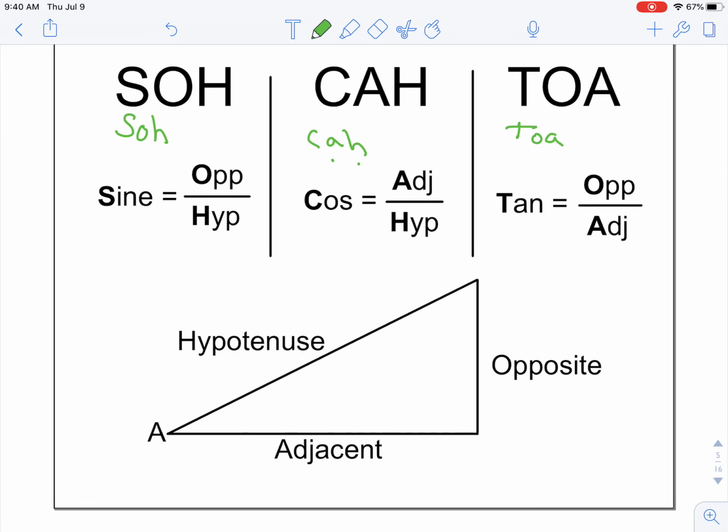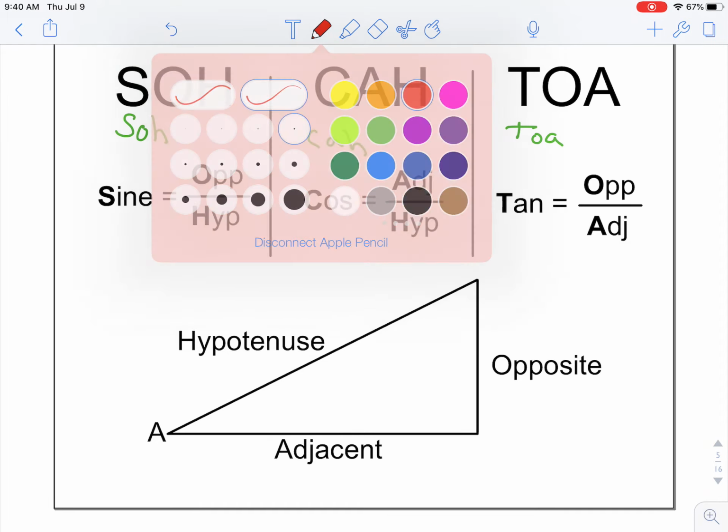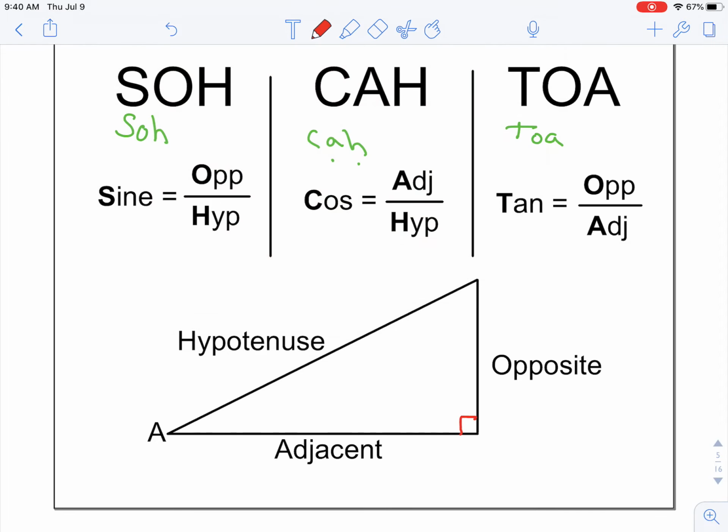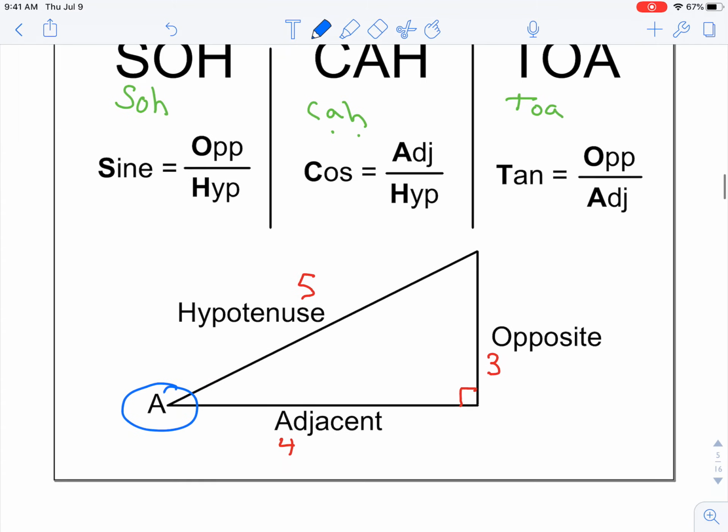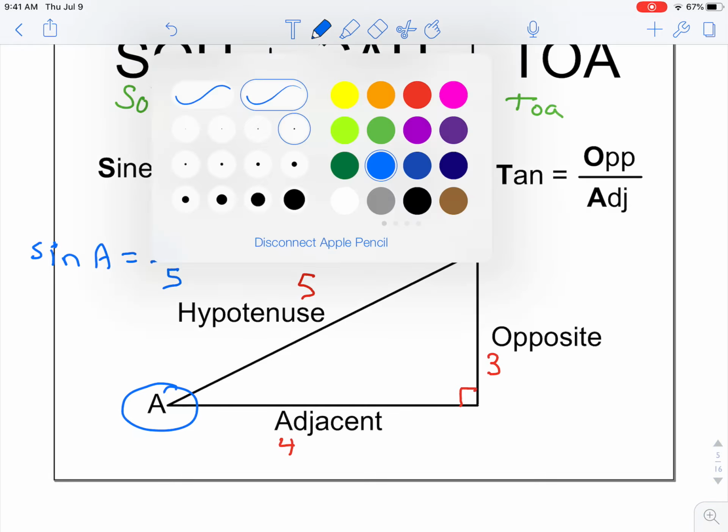So when we look at this triangle here, remember these always have to be right triangles. One of the most common or famous right triangles is a right triangle with side lengths of 3, 4, and 5. We talked about that earlier. If we're referencing angle A as our reference angle, then the sine of angle A is the side opposite, which is 3, divided by the hypotenuse, which is 5.